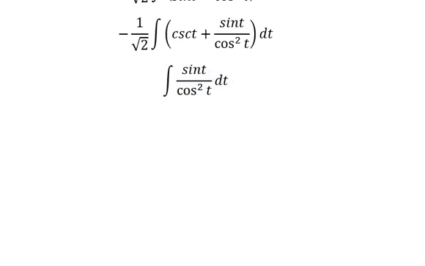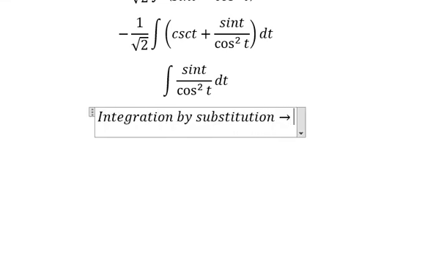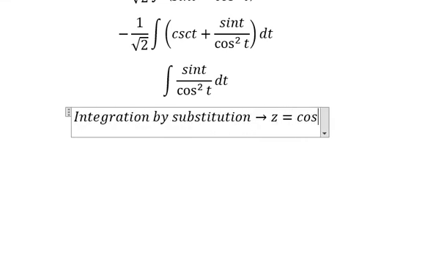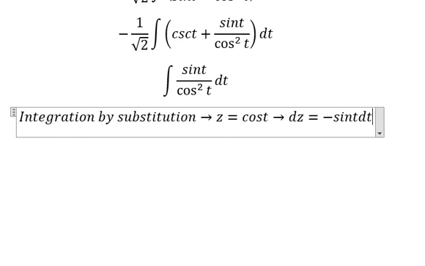So we need to use integration by substitution. So I will put z equals cosine t, dz equals negative sine t dt. Because we don't have the negative, we put the negative next to dz.